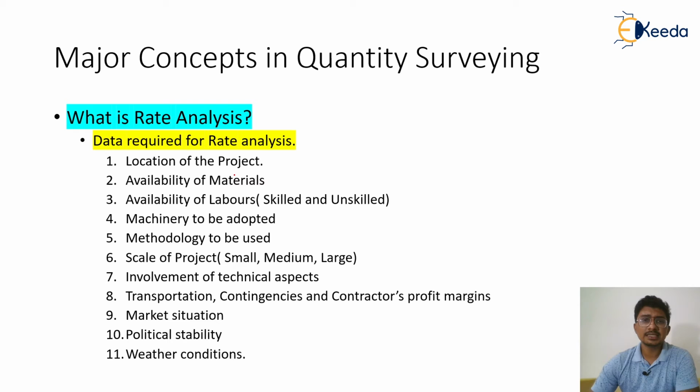Next, what is the data that is required for the rate analysis? The first important thing is the location of the project, because based on this only we will come to know the other aspects. Whatever other points we are going to discuss will first depend upon the location of the project. As I already told you, the rates are different for different quantities, materials and activities in different states.